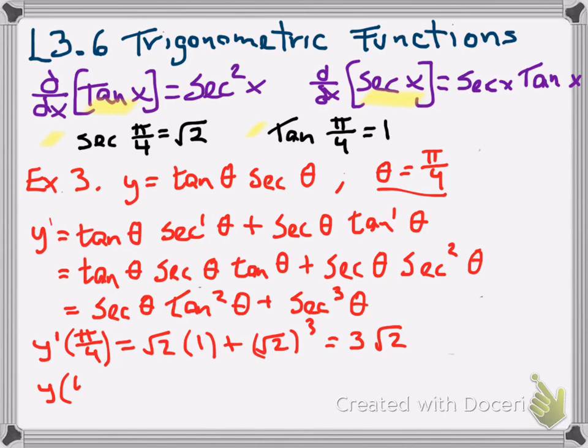Then I will plug in my pi over 4 in my y, which is going to be tangent, which is 1, times secant, square root of 2. So the answer is square root of 2.